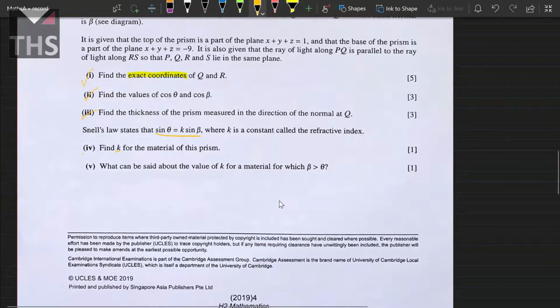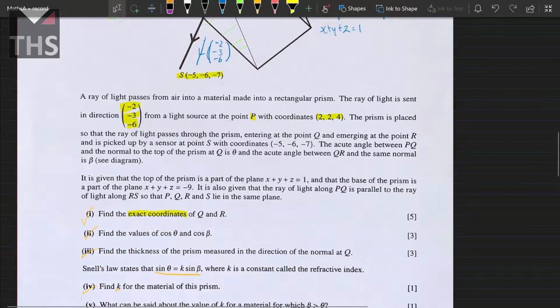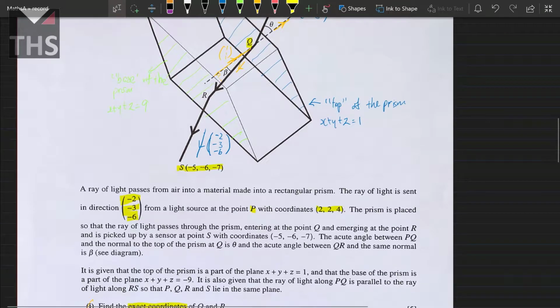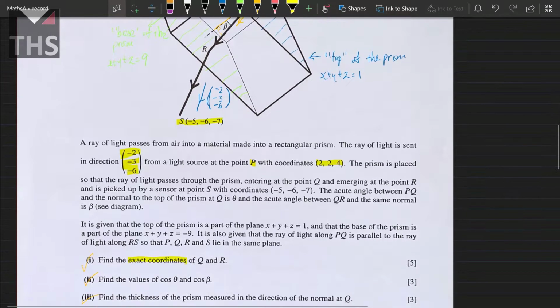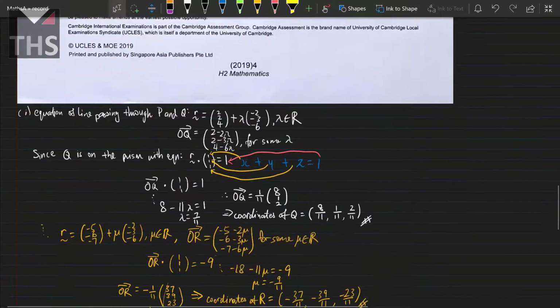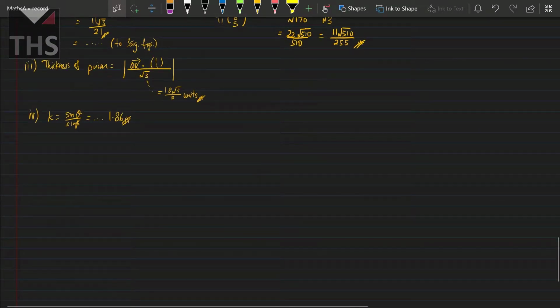Now, the next part, part 5, they ask you to interpret something. So what do they want you to say? Because we know that theta and beta are both acute. Theta is the acute angle and beta is also an acute angle. So we need to write down this relationship.